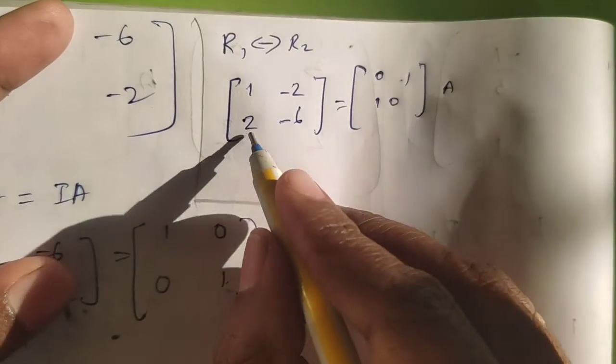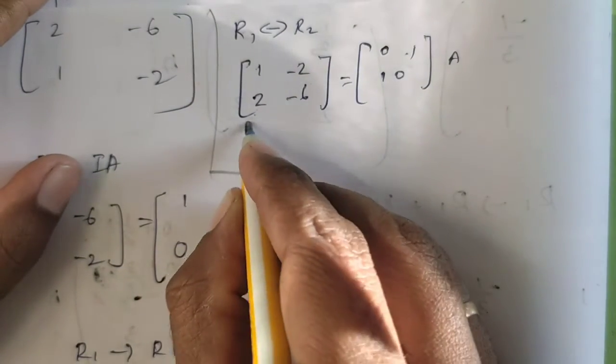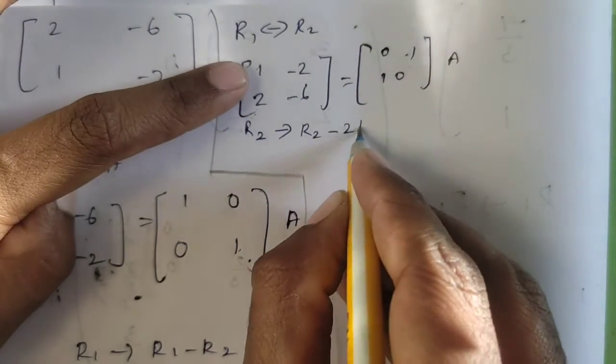The next step is to make this element 0 with the help of R1. I'll write R2 as R2 minus 2 into R1.